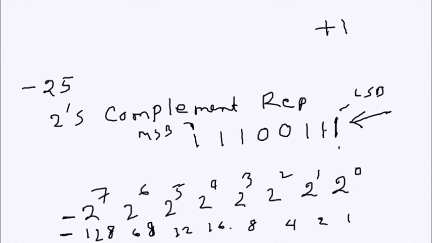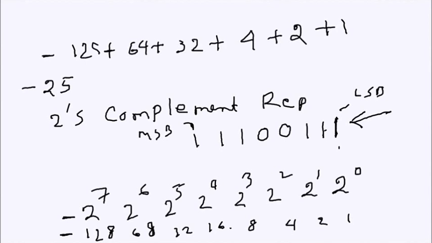Then this one is again a 1, so this is 2, this one is a 1, so this is 4. Then the bit for 2 to the power 5 is 1, so this is plus 32, this one is plus 64, and finally this one is negative 128. If we add them up, we will see that it yields minus 25.